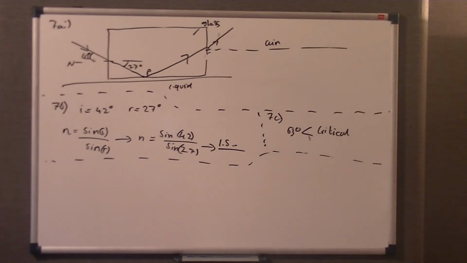So it says calculate the refractive index of the liquid. Sorry, just let me do this. So refractive index is sin I over sin R, or n1 over n2.